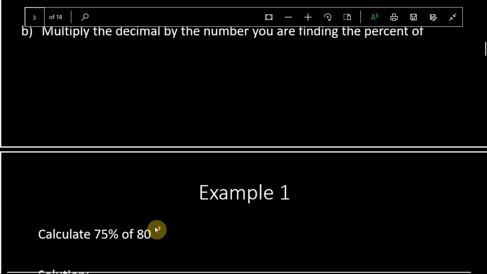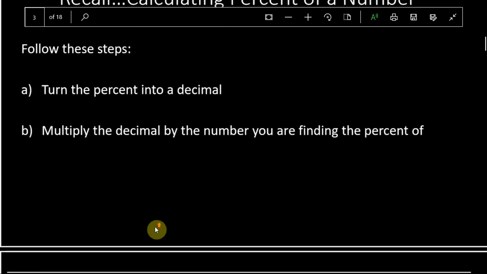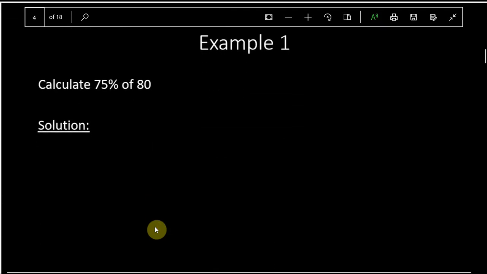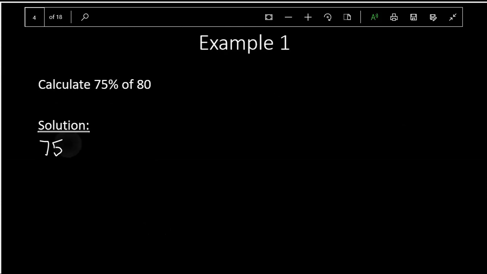Let's go back up to our steps really quick. Step number 1, turn the percent into a decimal. Our percent here is 75%. We need to convert that into a decimal.